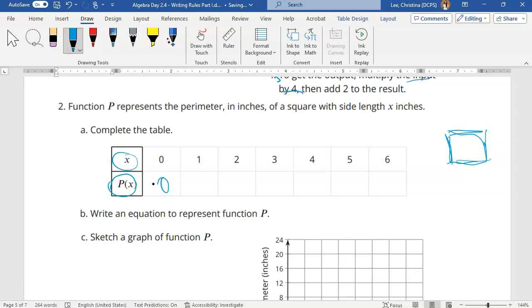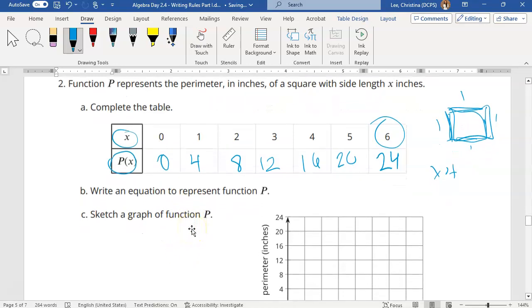If I have a square with 1, I will have 4, because I would add 1 plus 1 plus 1 plus 1, or 1 times 4. 2 would be 8, 3 would be 12, 16, 20, 24. Again, the pattern here is I'm multiplying the side length times 4 because there's 4 sides to a square.